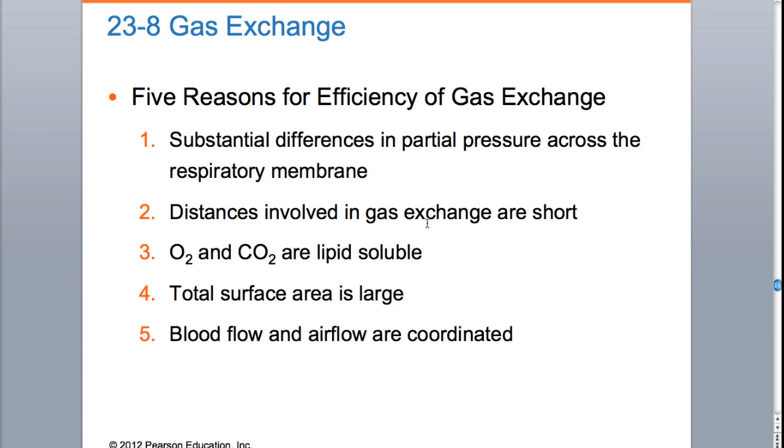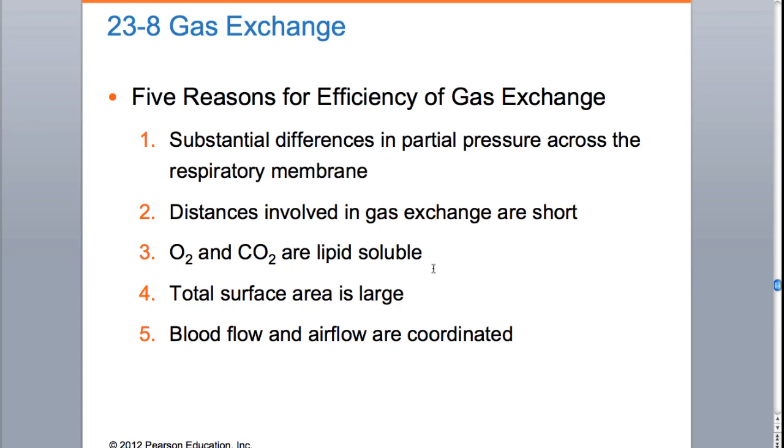Okay, so that's number one here. Number two, distance. Remember, you do not want to increase the distance between the alveoli and your blood. So if you have pneumonia, as I mentioned before, pneumonia means fluid buildup in your alveoli, and that's going to cause the diffusion distance to increase, and diffusion is not very good at larger distances. So the distances involved in gas exchange should be short. The larger the distance, the worse the gas exchange. Number three, lipid solubility.